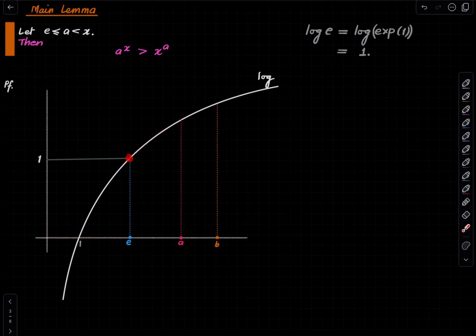What is the slope of the tangent to the logarithmic curve at the point e? Since the derivative of the log is 1 upon x, the derivative at e is 1 upon e. So the slope of the tangent to the log at e matches the slope of this line, and that shows our claim that this line is tangent to the logarithmic curve.